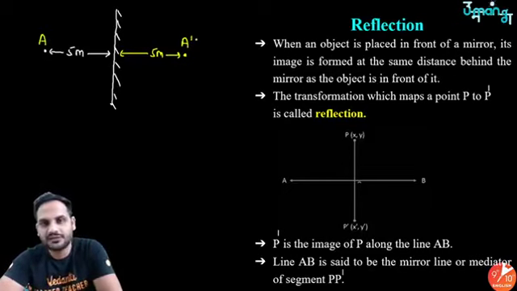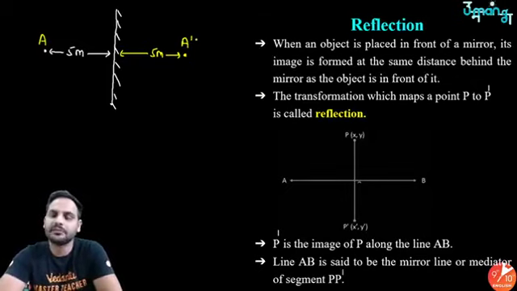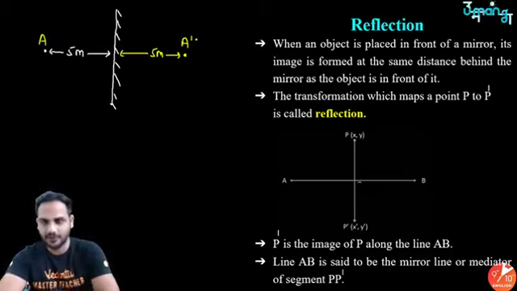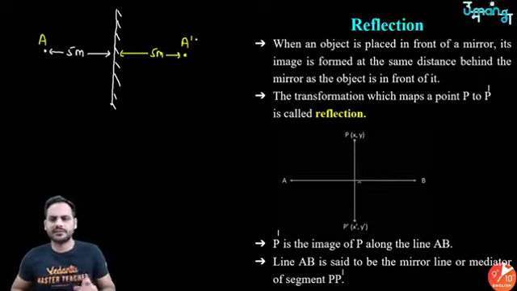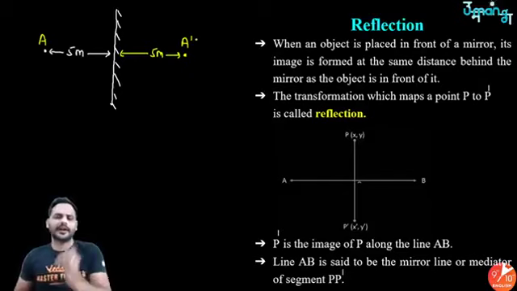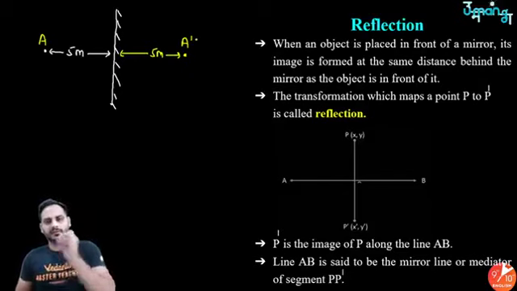So the image is exactly at the same perpendicular distance from the mirror as the object. Whatever is the perpendicular distance between the mirror and the object, the same will be the distance between the image and the mirror. Got it? So we have three cases. One is the reflection along the x-axis, one is the reflection along the y-axis, one is the reflection along the origin.